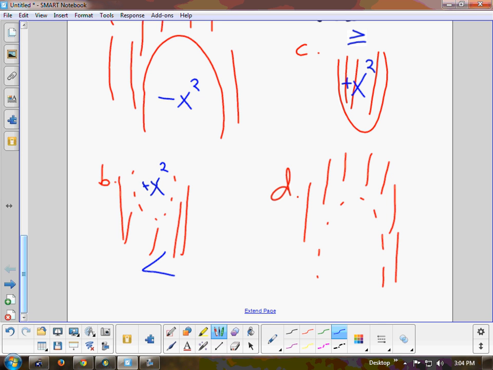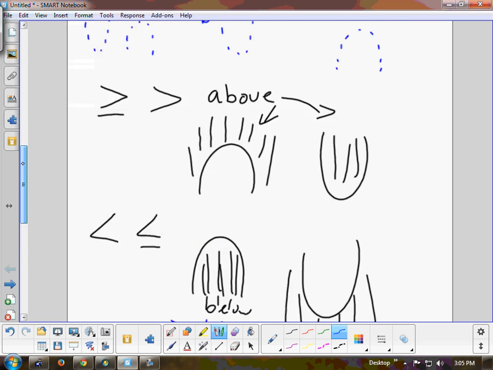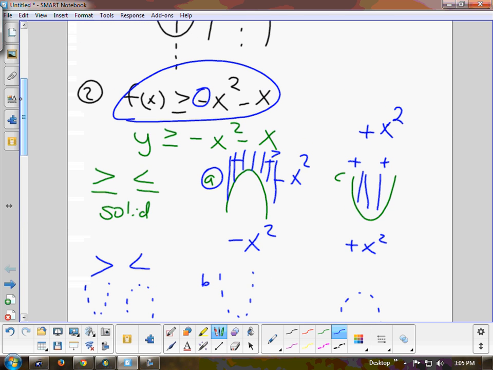D is a dotted line above, so this would be greater than, and it would be negative x squared. And our answer was A because our original function was greater than or equal to in the frown face. So it's a solid line, frown face, above shading, and that's choice A.